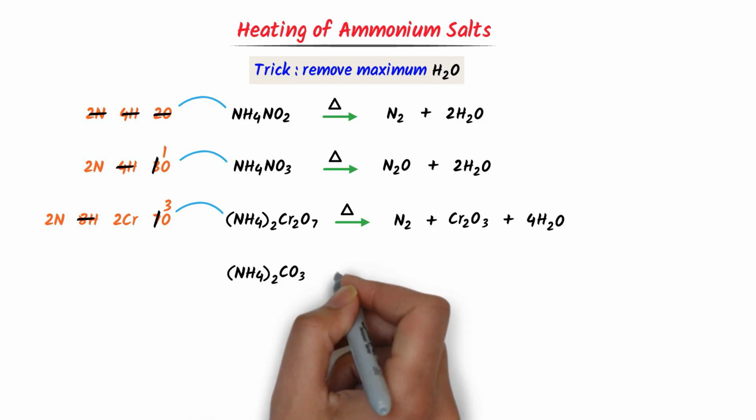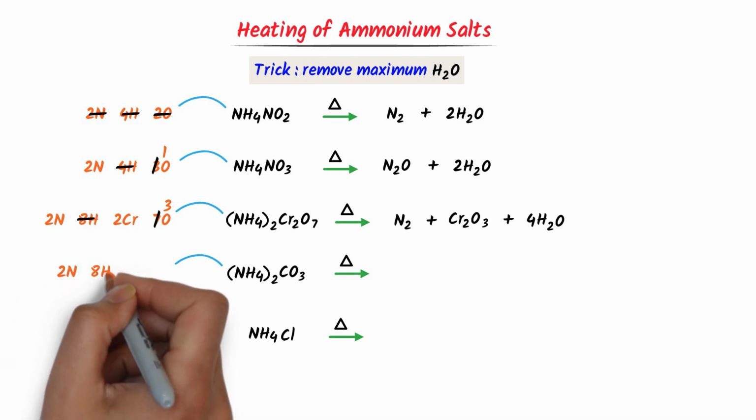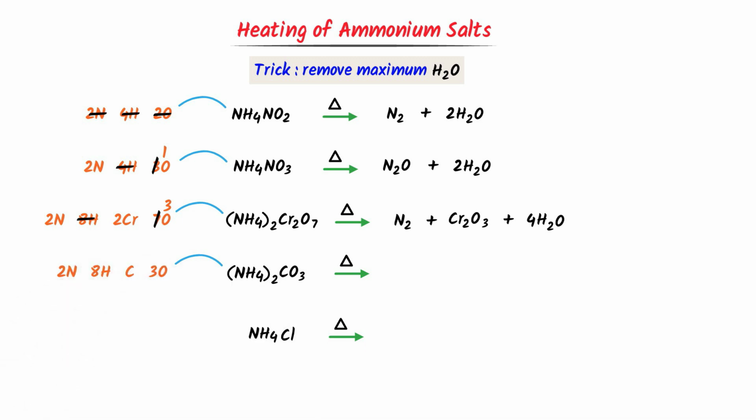Now consider ammonium carbonate and ammonium chloride. Pause the video and try to find their products. Well, it is super easy. We can see that in ammonium carbonate, there are 2 nitrogen, 8 hydrogen, 1 carbon and 3 oxygen. We know that heating carbonate gives carbon dioxide gas.